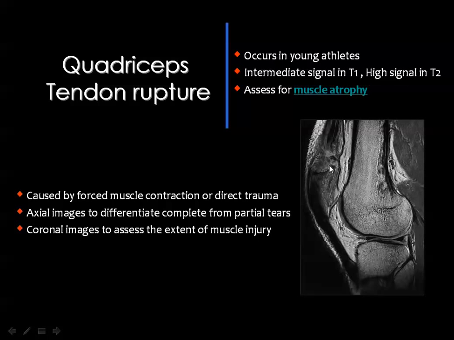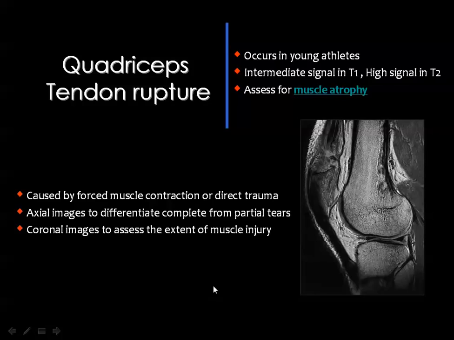The rupture of the tendon will interrupt the low signal parenchyma of the tendon itself, with the presence of fluid signal intensity at the site of the tear. Then axial images are important to differentiate complete from partial tears, while the tendon tear is usually evaluated in the sagittal image, as you can see here.